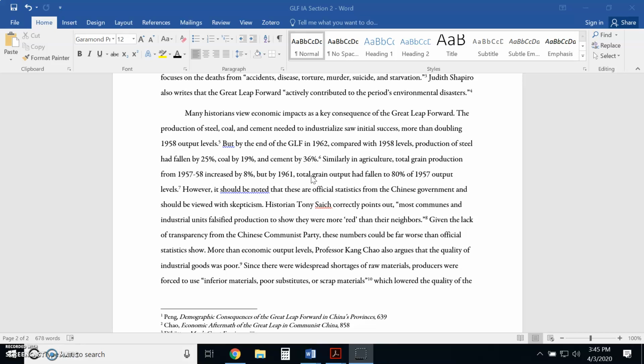Well, the way that you're going to do that is to understand that the bulk of your research, the bulk of your cited material in section 2, should come from your two main sources that you evaluated in section 1. So it should be about 40 to 50% of all cited material. What that means is, let's say I'm trying to get you to that bare minimum of 10 sources.